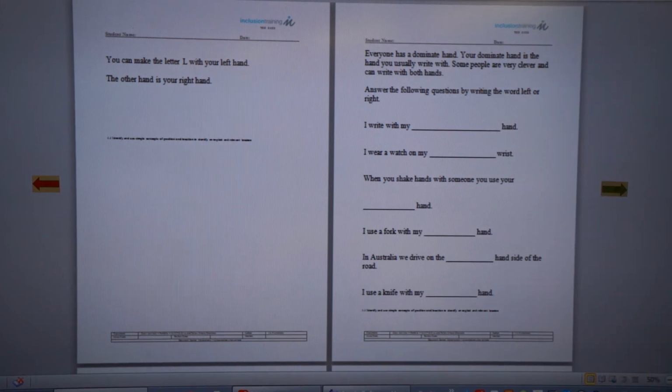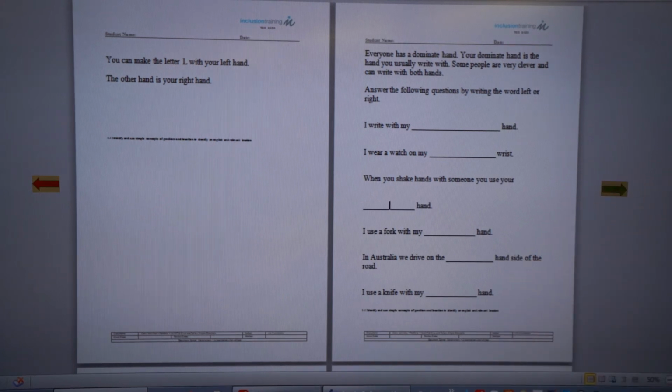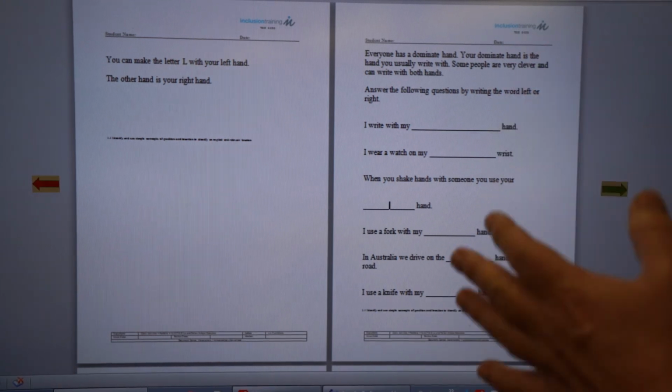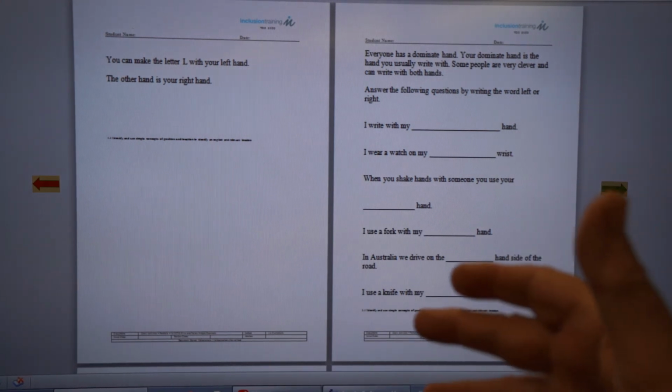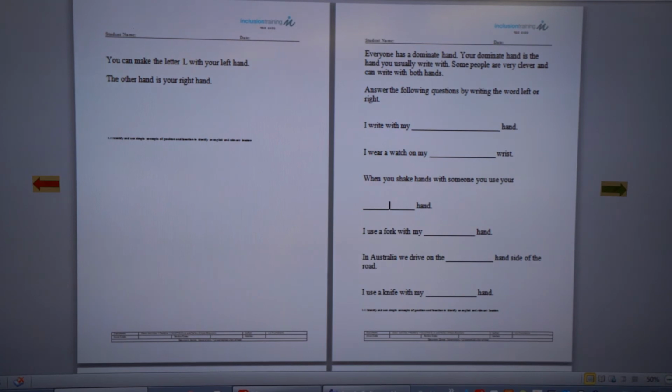When you shake hands with someone, which hand do you use? Do you use your right hand or your left hand? I use a fork with my right hand or with my left hand? Which hand do you use a fork with?